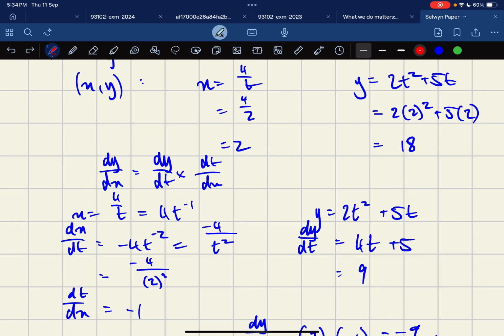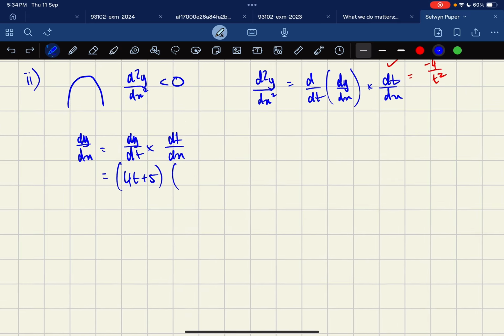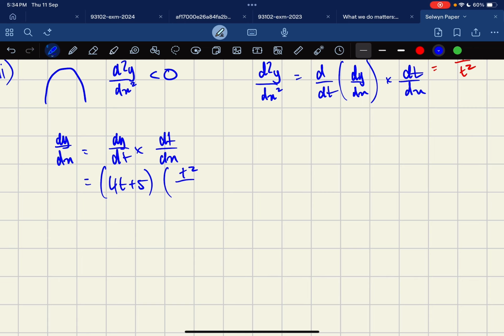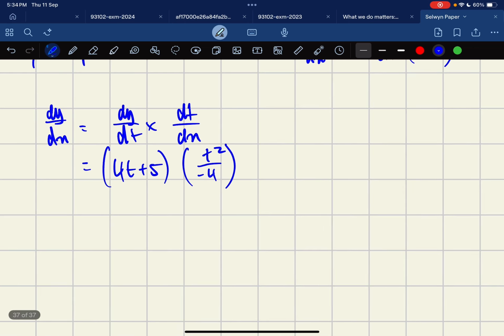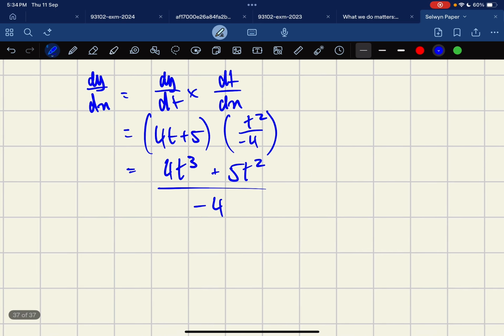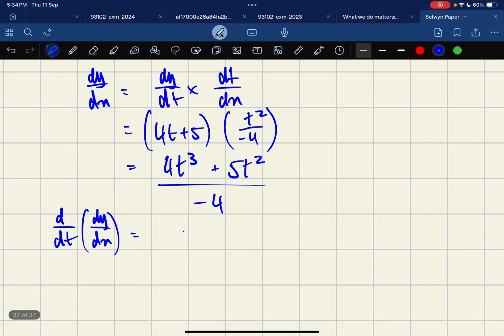So that's going to be t squared over negative 4. So then this gives us 4t cubed plus 5t squared over negative 4. So then deriving this function with respect to t is going to give us 12t squared plus 10t over negative 4.